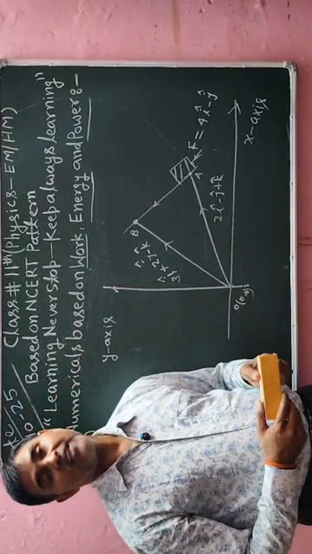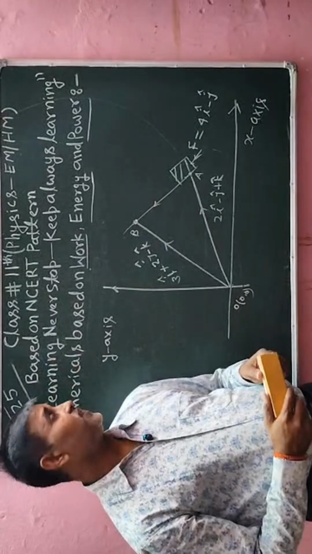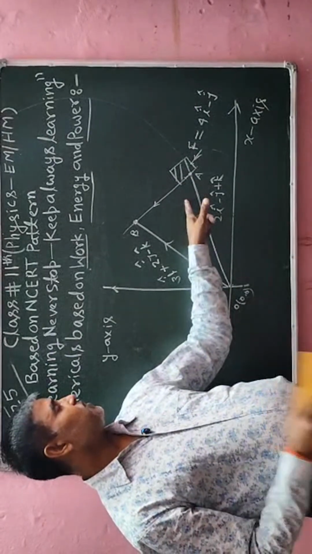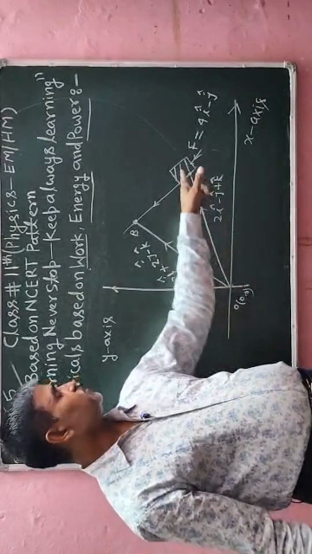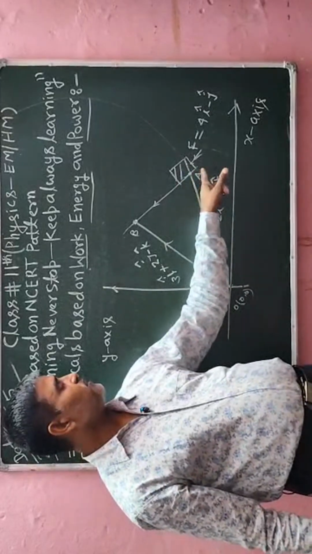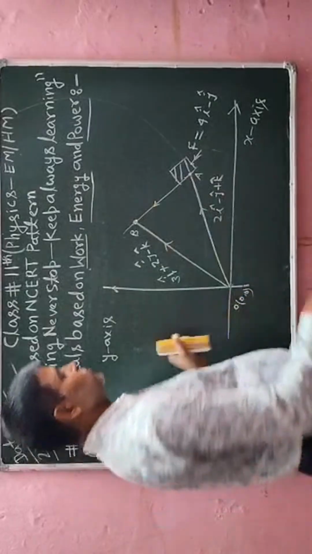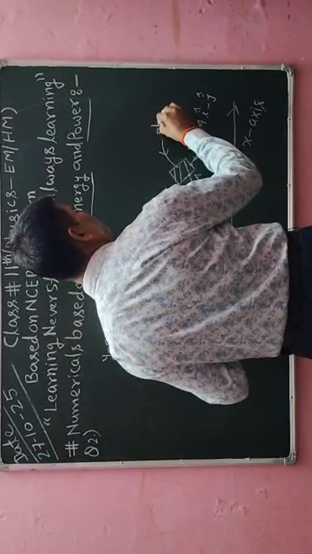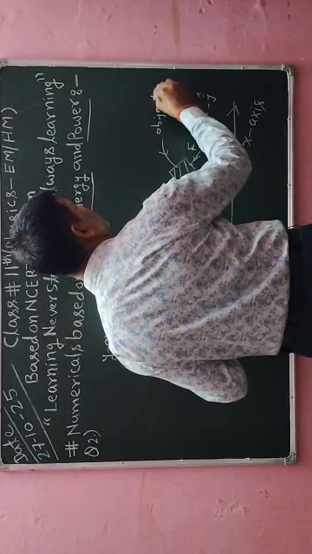Okay, so here I have to use the concept of vectors, and then we have to evaluate the work done as the object moves from point A to point B. This object, in Hindi, is called vastu.